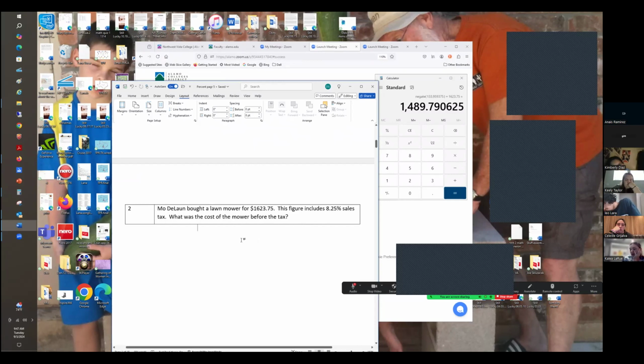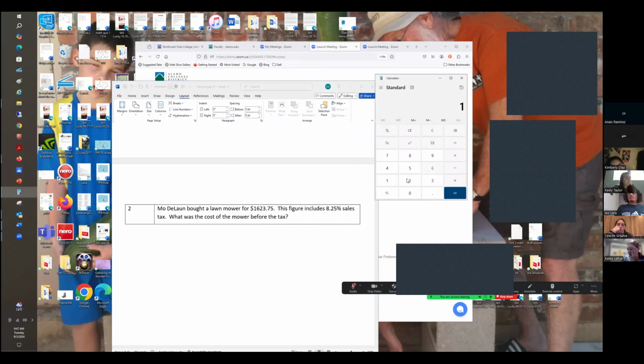That means that 1623.75 is actually 100% of the price plus 8.25% of the price. So that means that is 108.25% of the price. So I have to actually divide that by 1.0825. Really. And I get 1,500.